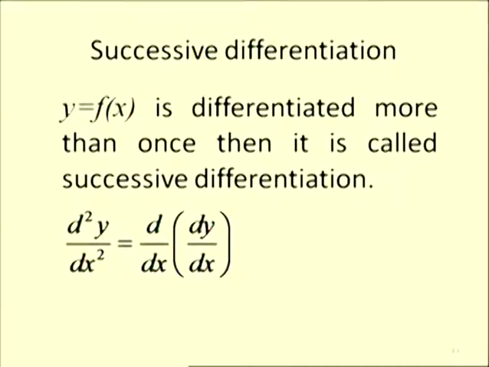Now, we know that the derivative of y with respect to x is known as dy by dx. If I differentiate dy by dx once again with respect to x, that is d by dx of dy by dx, it is called the second order derivative, known as d2y by dx2.